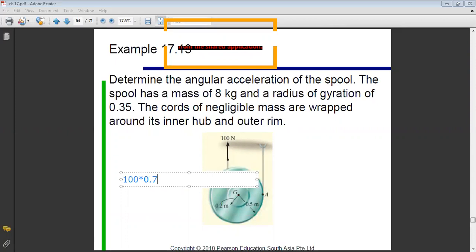And we have the moment of the weight, which is in the opposite direction. So minus W times which distance to A? 0.5.